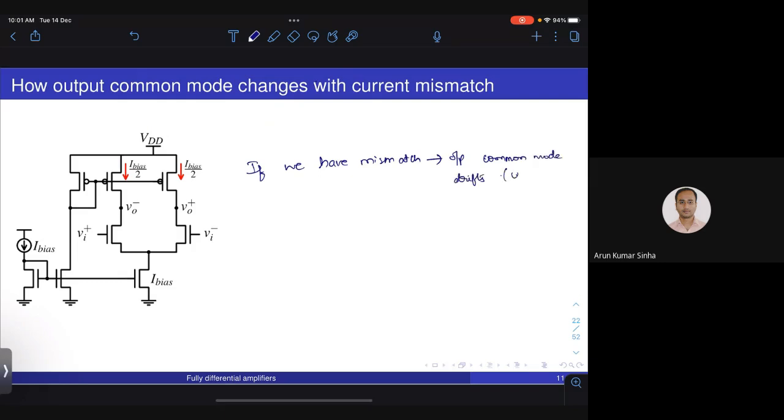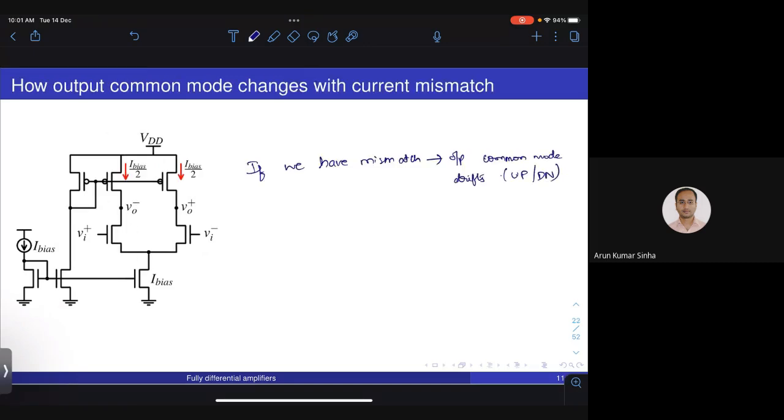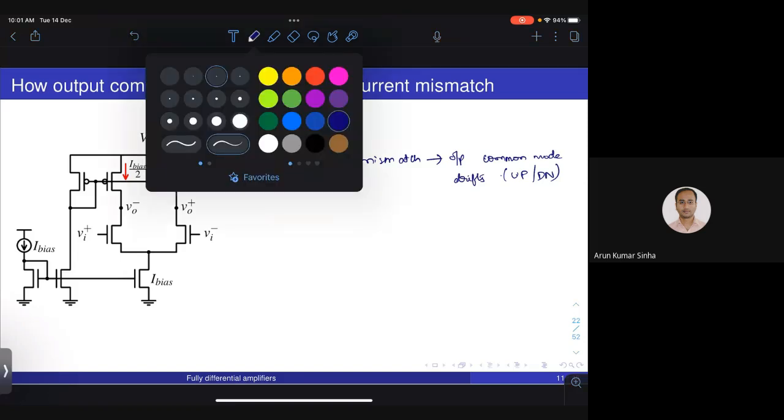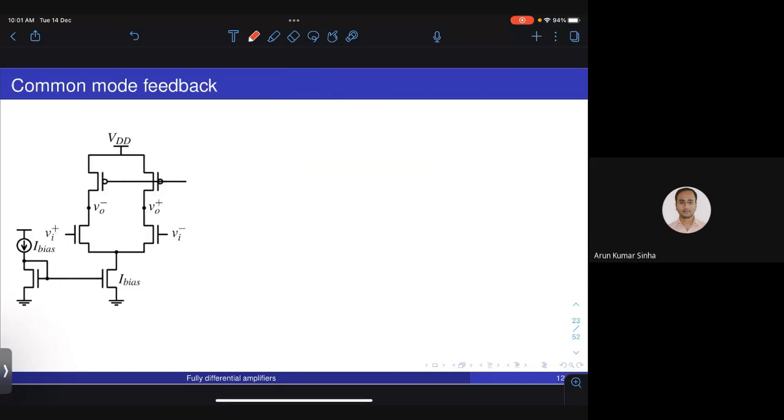It either drifts up or down, depending on whether the tail current is high or the current source is high. So if we have to dynamically bias the circuit, we cannot use this kind of bias arrangement. We need to somehow derive the bias of this PMOS current source, VBP, in such a way that it actively tracks the common mode.